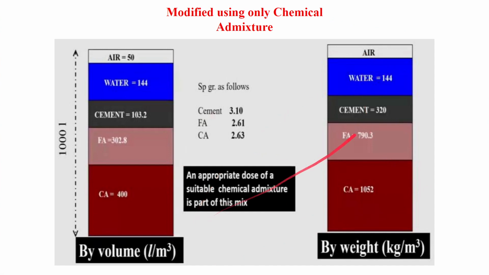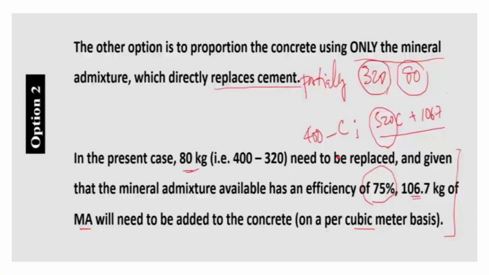Because they have been able to bring the water value to 144, the cement has come to 320, the 0.45 water cement ratio has been maintained, and it has been able to bring the cement down into the permissible content. So this is satisfying the whole problem criteria. That is the first case, using chemical admixtures.